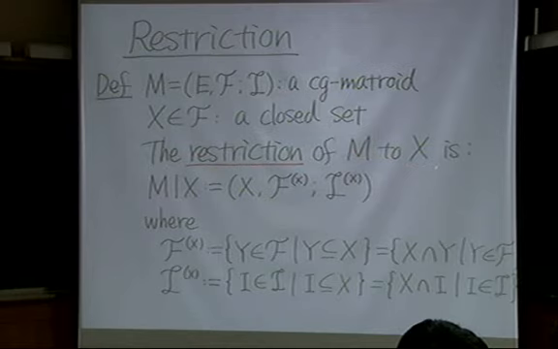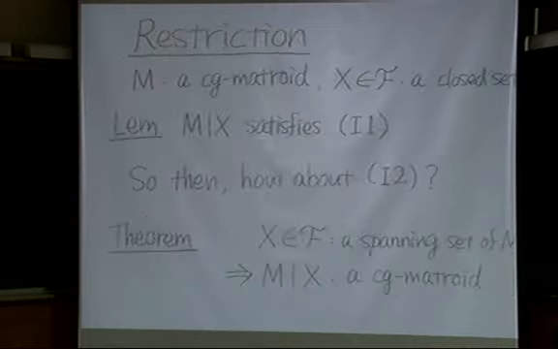The ground set is X, and F_X is defined to be the set of closed sets contained in X. And script I is defined to be the family of independent sets contained in X. Then we can define the pair something like this. And if M is a CG matroid and X is a closed set, then the restriction satisfies the first property.